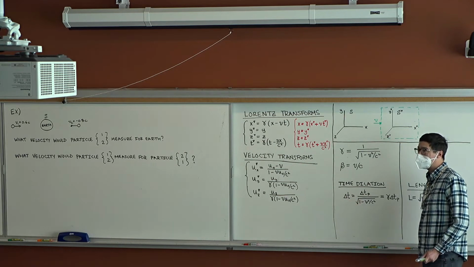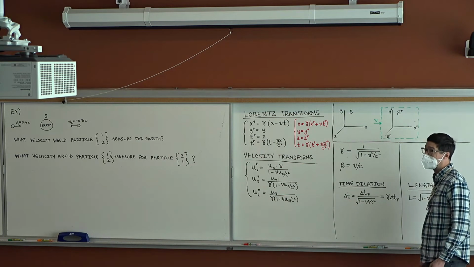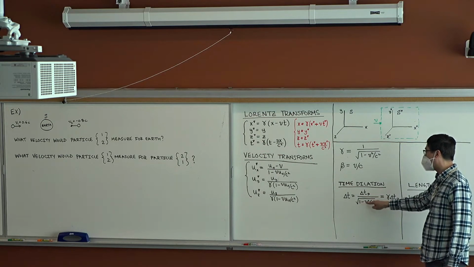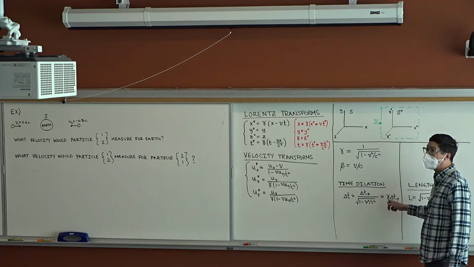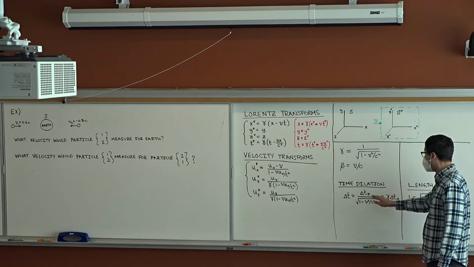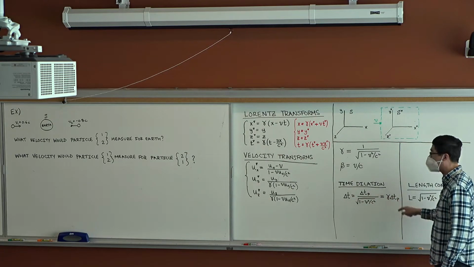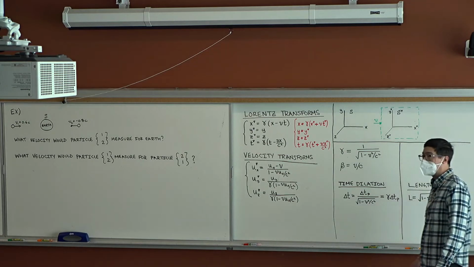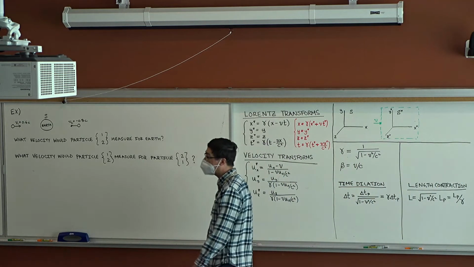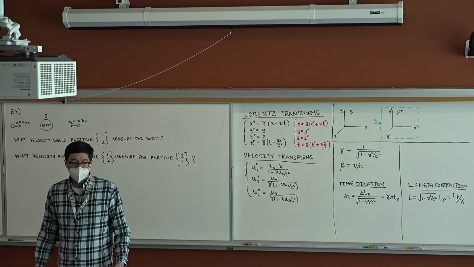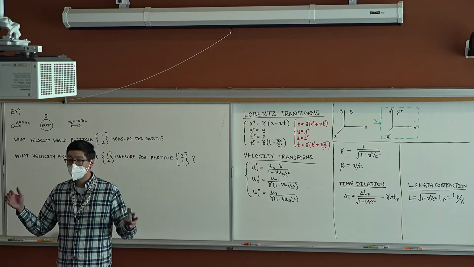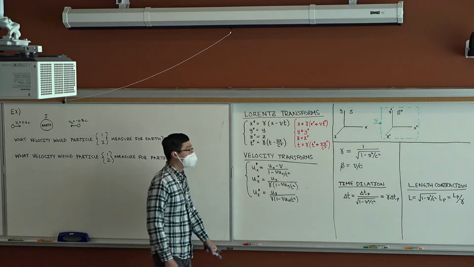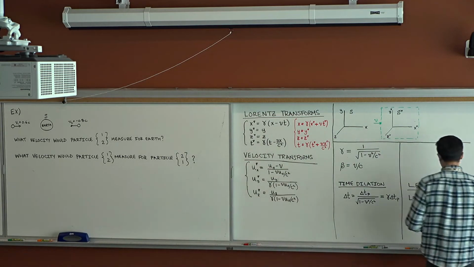So here I'll say that some time interval that isn't the proper time interval is equal to the proper time interval divided by the square root of 1 minus v squared over c squared. And so delta t is equal to gamma times delta t proper. Similarly, there's length contraction. An observer who is at rest with respect to the length of the thing being measured will measure the proper length.